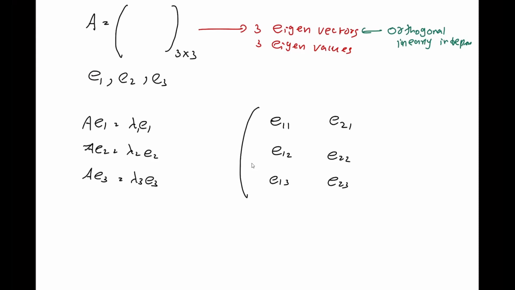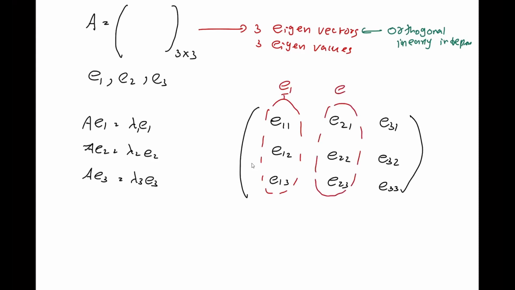This is nothing but my first eigenvector as a column vector, E1, my second eigenvector as a column, E2, and my third eigenvector as a column, E3. I just write a matrix using my 3 eigenvectors, putting them as the columns of this matrix. Let's denote this as P.